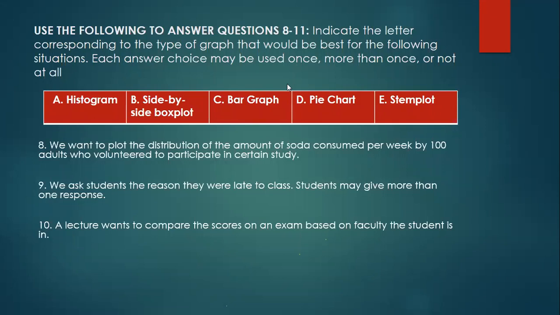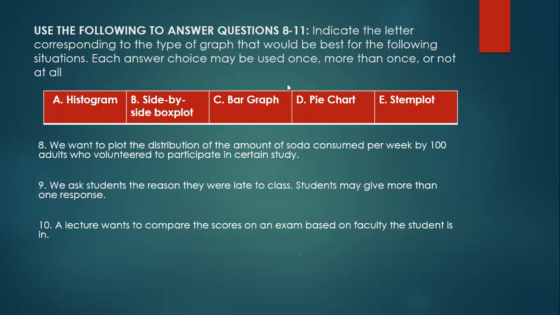The best thing that we could use is a side-by-side box plot. A box plot is just a graphical representation of the 5-number summary, where we have the minimum, the maximum, and the quartiles Q1, Q2, which is our median, and Q3.